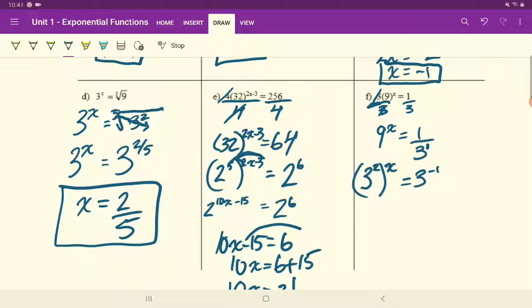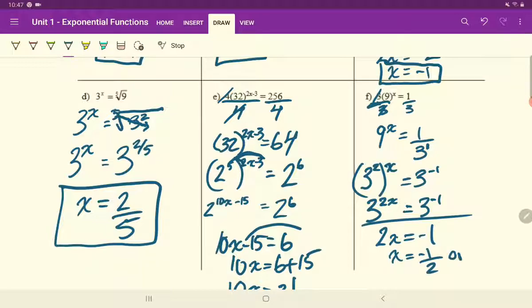And now I have a base of 3 on both sides. I have 3 to the power of 2x equals 3 to the power of negative 1. Same base, just make the exponents equal to each other at this point. Okay? And your final answer is x equals negative 1 divided by 2, or negative 1/2. Okay? And again, you can do a left side equals right side check to double check your solution.